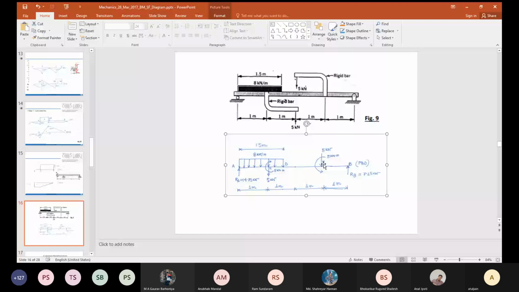The moment is 5 into this distance. After applying this, I will calculate the reactions RA, RB. Let me go full screen. Now I think all the details will be visible.